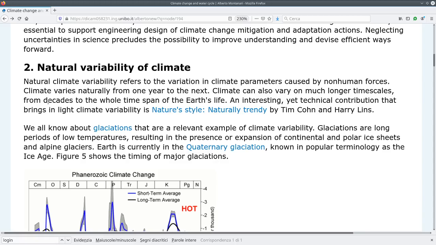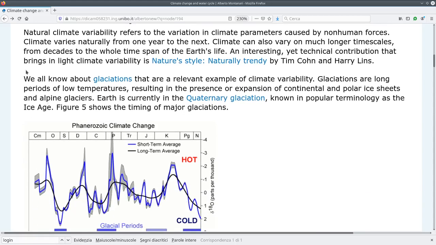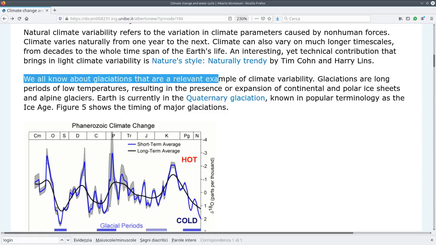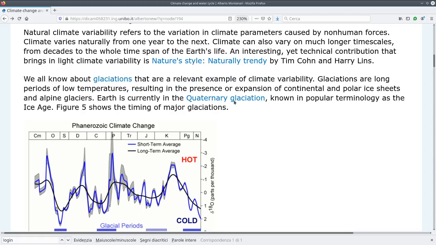And there is something that we know very well. We all know about glaciations, which are a relevant example of climate variability. And keep in mind that the reasons why these glaciations occurred are still largely unknown. And if you look at these links, there are Wikipedia links, there is a list of possible explanations.